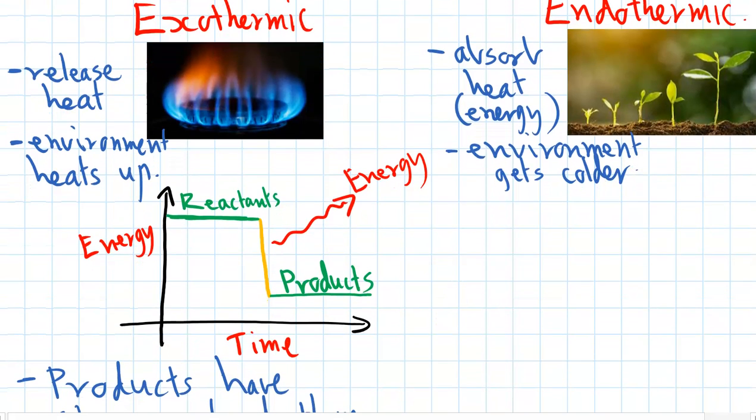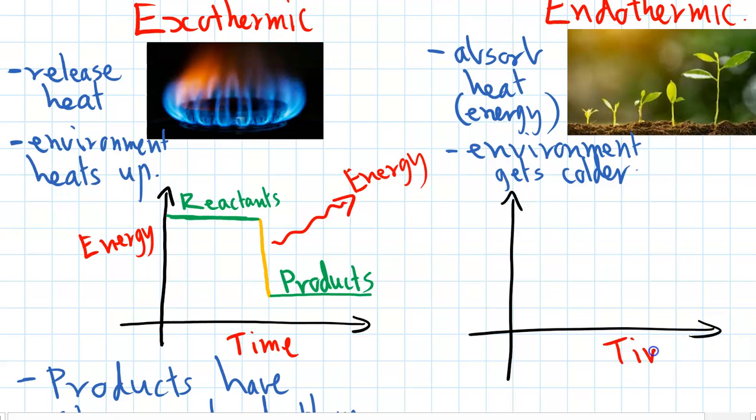Okay, well, if we're drawing an energy profile diagram for endothermic reactions, it's really similar, but the reactants and the products are switched around in terms of their energy levels. So we're drawing our axes. We've got time, and we've got energy on the vertical axis. But now, in an endothermic reaction, the reactants are really stable.